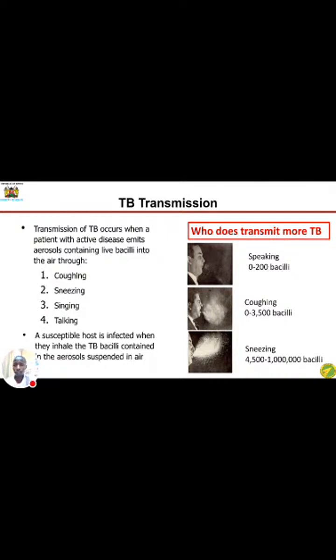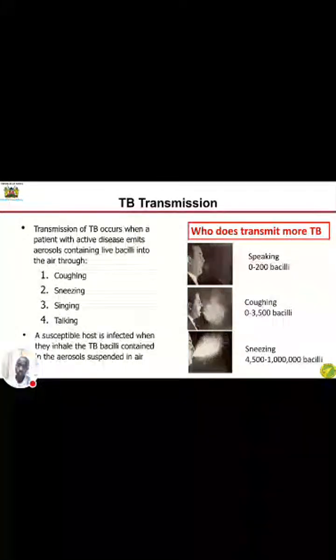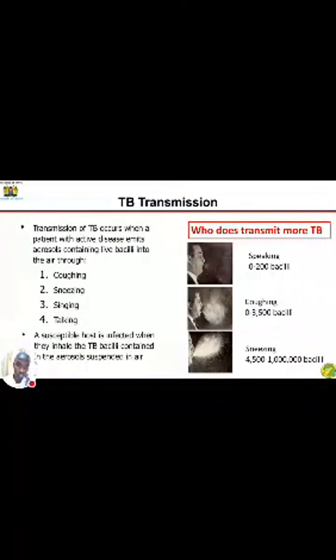So if you make a diagnosis of someone suffering from TB and they have a complaint of sneezing, you must be very vigilant, because the likelihood they have transmitted the bacteria is very high. So vigilance in screening the household contacts is very key.